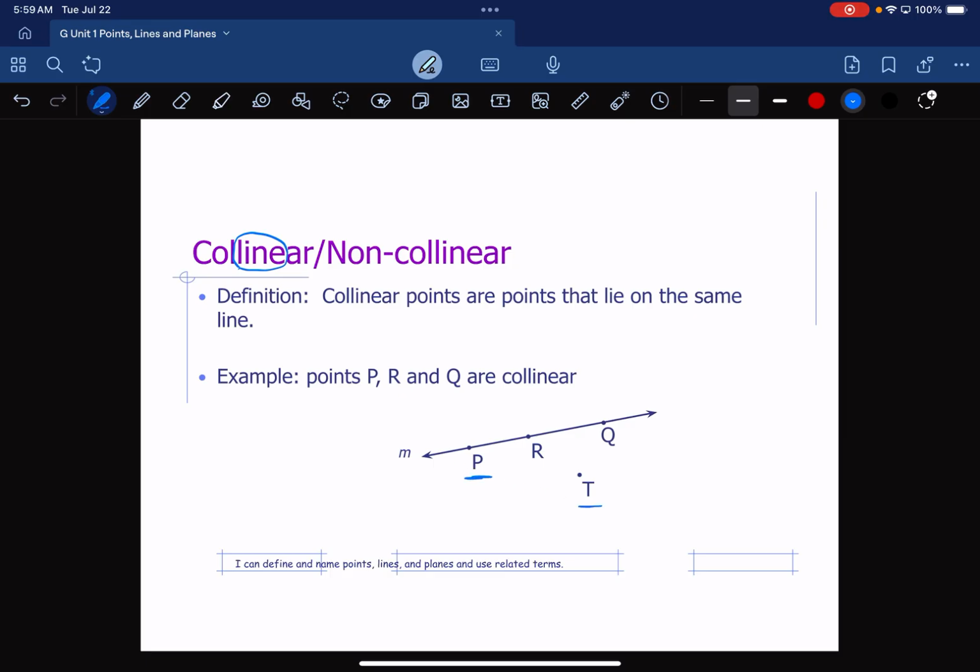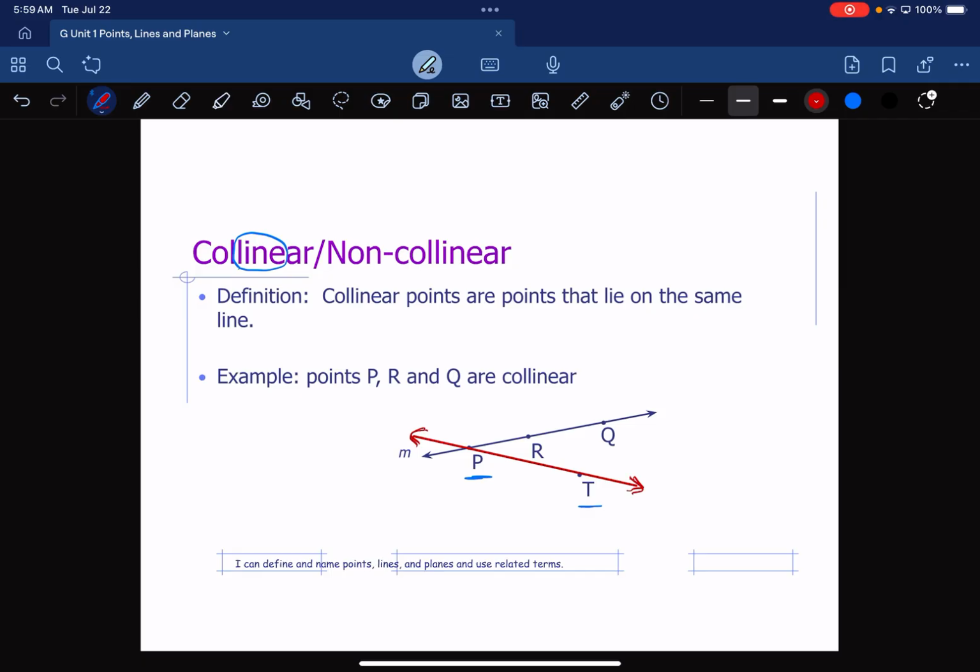You can't state that P and T are not collinear just because there's no line there, because I could draw a line through any 2 points. So if I wanted to, I could just come up with a different line like this, and I can say, hey, see here, PT, they're collinear because I can put them on the same line.